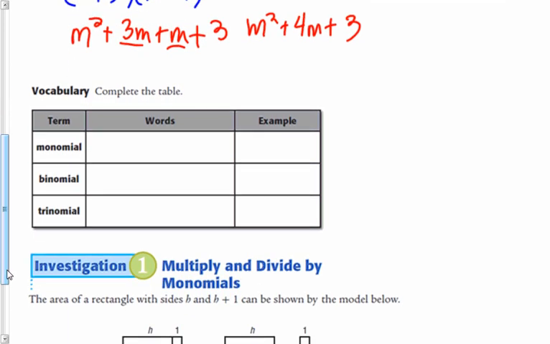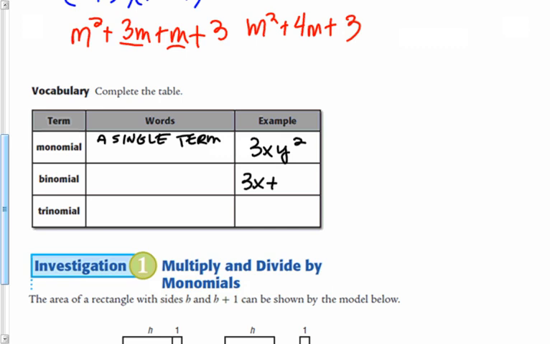There are some terms that you need to know, so we'll get those out of the way. A monomial is what we're going to think of as a single term. A monomial consists of only multiplying variables and numbers. Here's an example. A binomial is the sum or difference of 2 monomials.